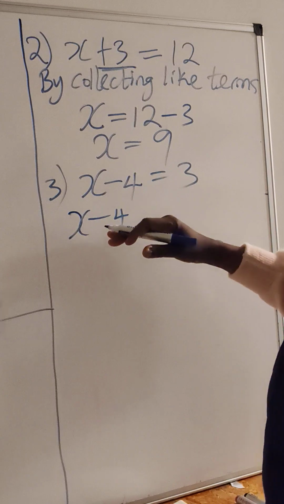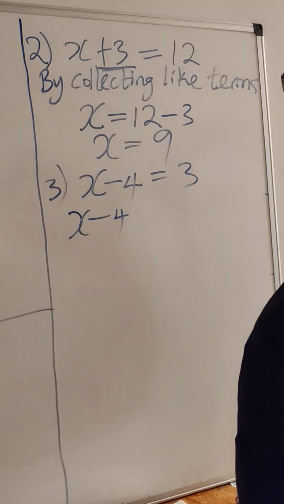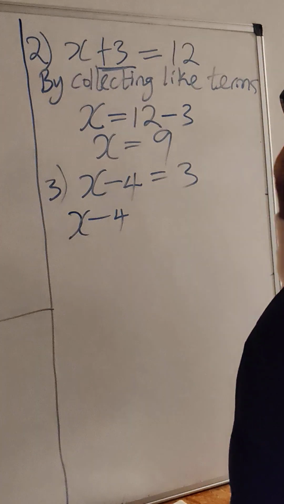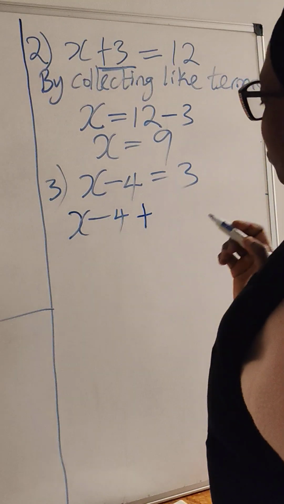The sign we already have here is a negative sign, so to negate it we introduce an opposite sign, which in this case is a positive sign.